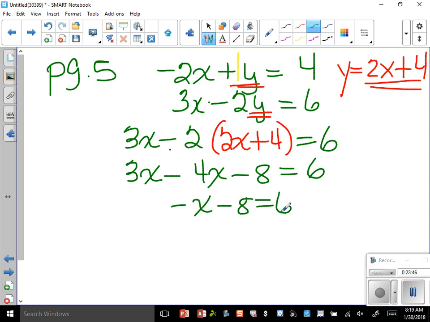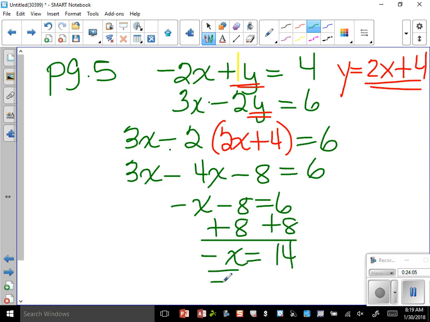What do I do after that? Add 8. So what does that give me? Negative 1x equals 14. And then what do I do then? Divide by the negative. So x equals what? All right, so we got negative 14 for x.